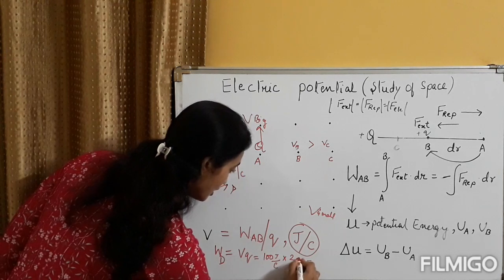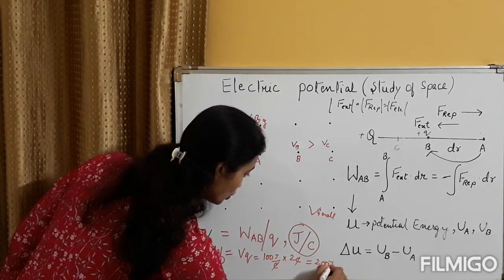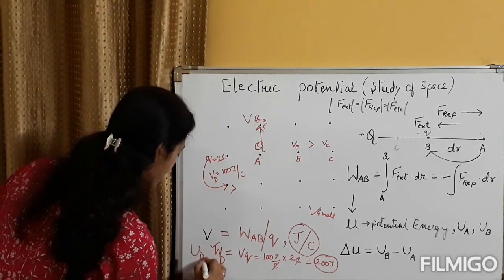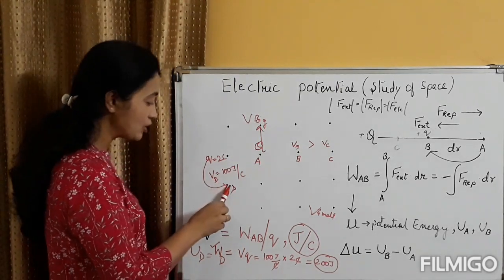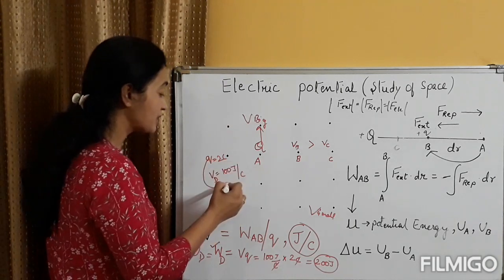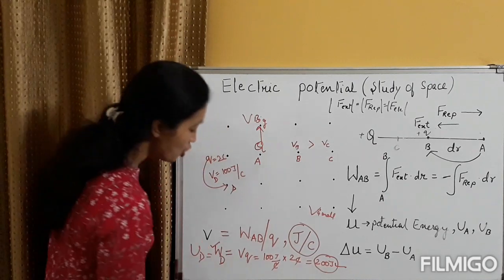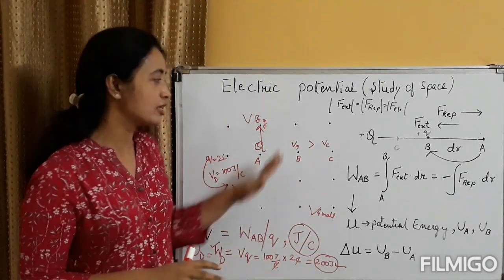What do we get? Coulombs get cancelled and you get 200 joules of work or energy. Got it? Suppose at this point the potential is 100 joules per coulomb, and if any guest charge, say 2 coulombs, comes and sits here, then it will have an energy of 200 joules. Interesting, isn't it?